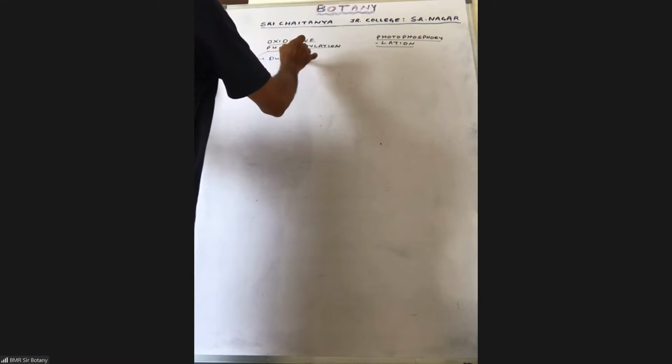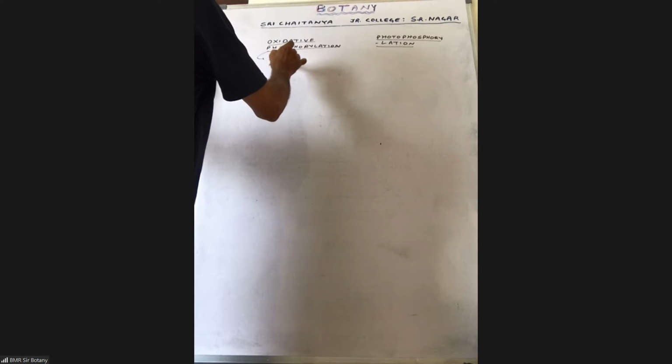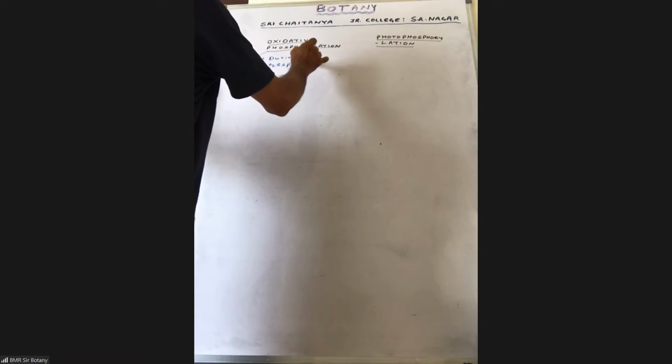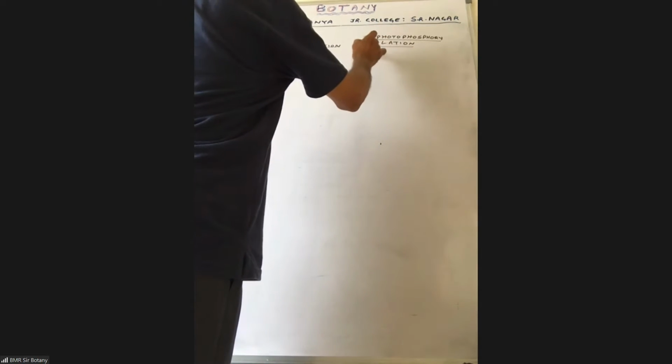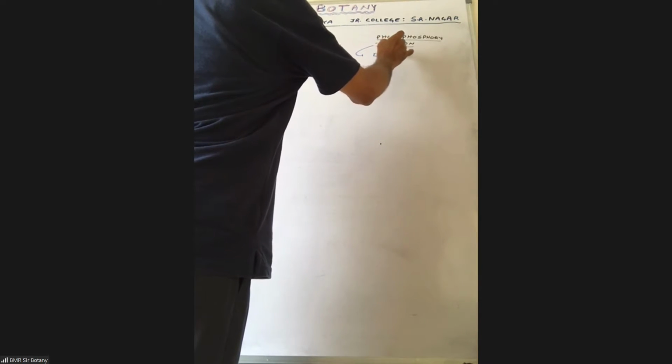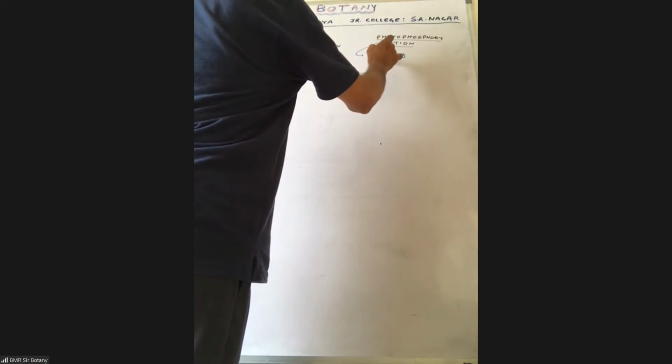Of course, this is seen during respiration. This comparative analysis would have been better after completing photosynthesis, but still, with the idea you have about photosynthesis, there won't be any problem. So, seen during respiration. What about this? Seen during photosynthesis. Yes, easy.